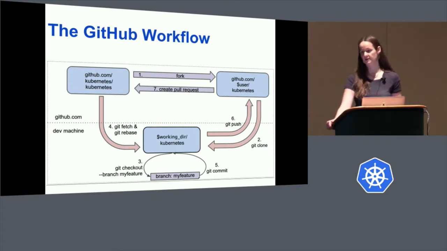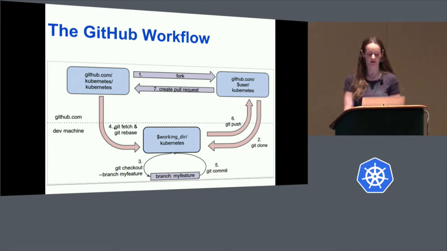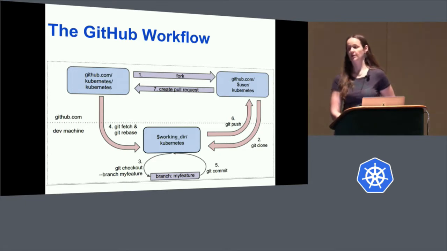Then you will clone it to your local laptop. You will make changes on your local machine. That is step 3. You're going to check out, you're going to make changes on a branch, you're going to make commits on that branch, and you're going to push. While this is going on, we highly recommend using git fetch and git rebase rather than git pull to keep your master branch updated.